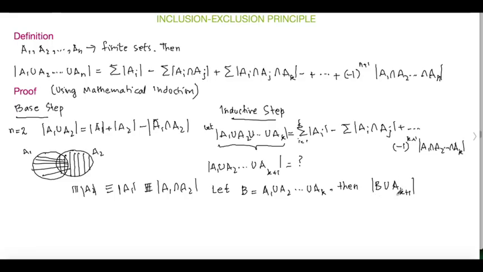Using the base step, what is B union AK plus 1? It is equal to the cardinality of B plus the cardinality of AK plus 1, minus the cardinality of B intersection AK plus 1. Okay, this makes sense because it is the same as the base case.